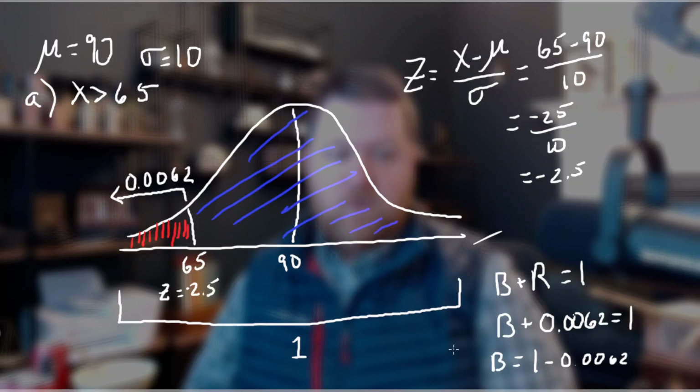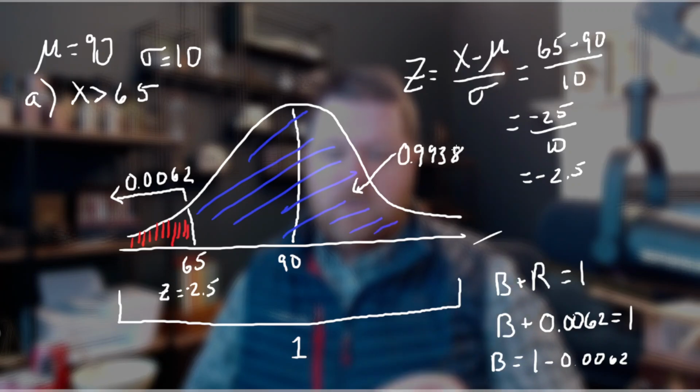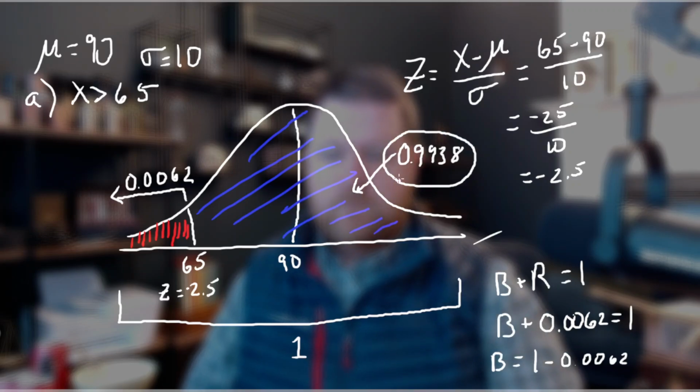Right? And what is 1 minus 0.0062? So this area right here, well, that's going to be 0.9938. So if you do 1 minus 0.0062, you get 0.9938. And that is the thing that we were looking for. So we'll circle it, and that's our answer.